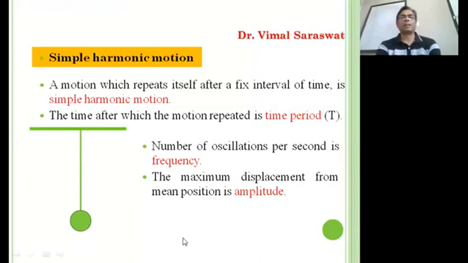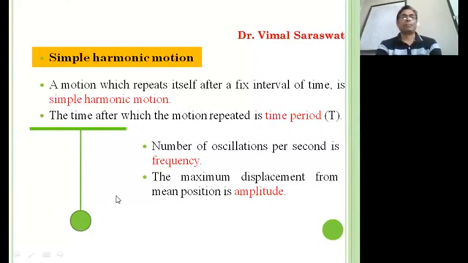Here we have a simple pendulum. It is a string and a bob is attached to this string. Here we have a fixed support. Now, if we extend it from here to here and then release it, it will start to oscillate about this position, and this position is actually the mean position of the particle.